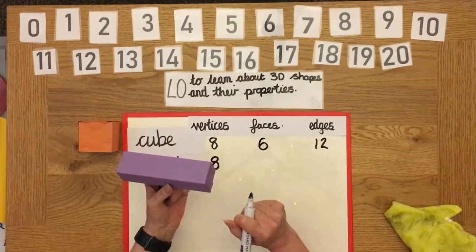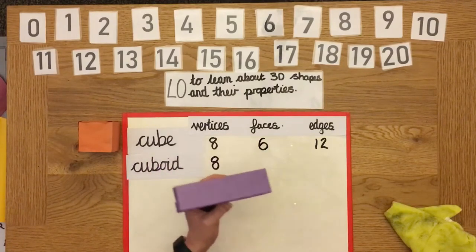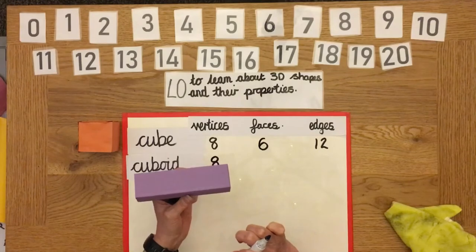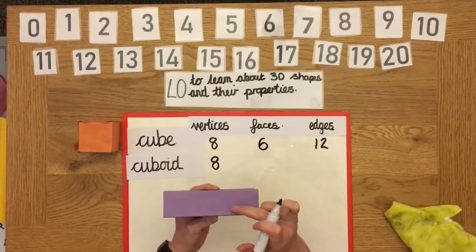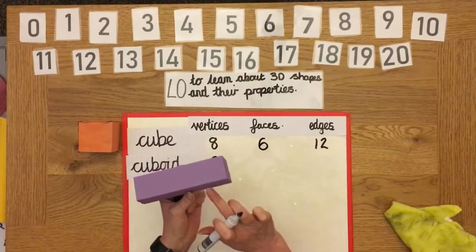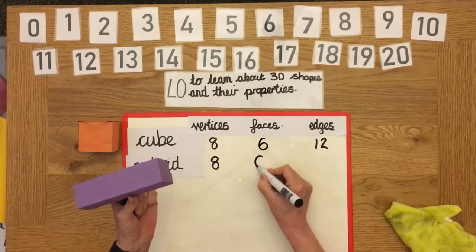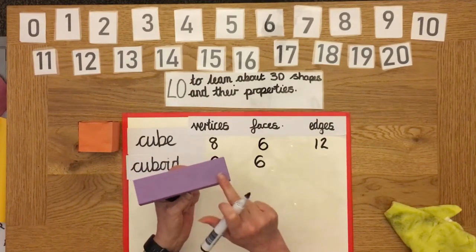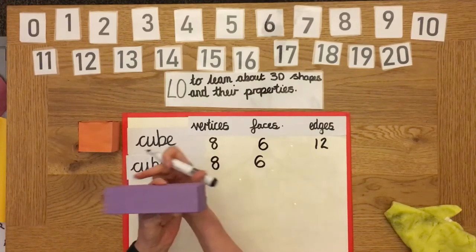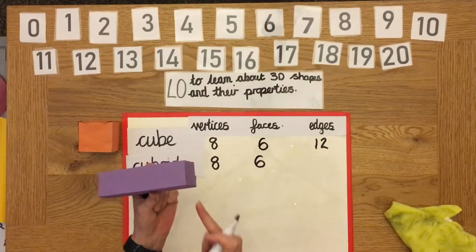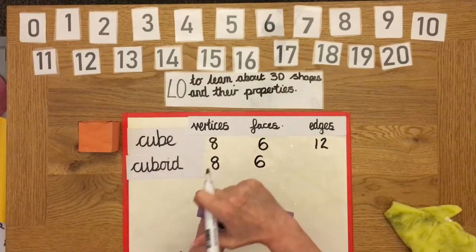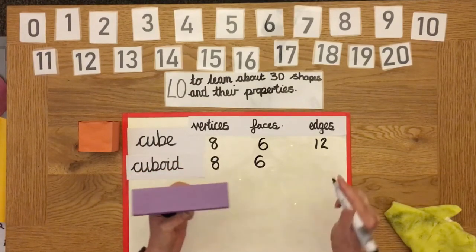Faces, 1, 2, and these rectangle shapes are faces too. So it's got 1, 2, 3, 4, 5, 6. Edges, 1, 2, 3, 4, 5, 6, 7, 8, 9, 10, 11, 12.